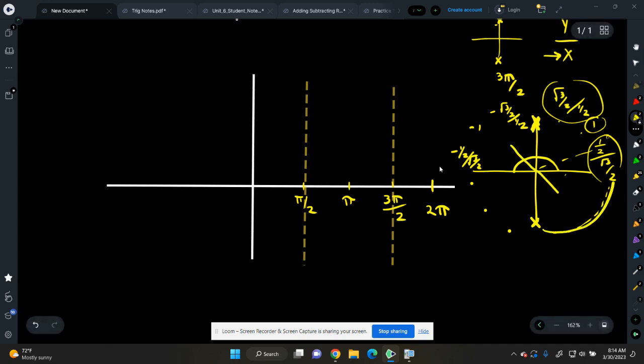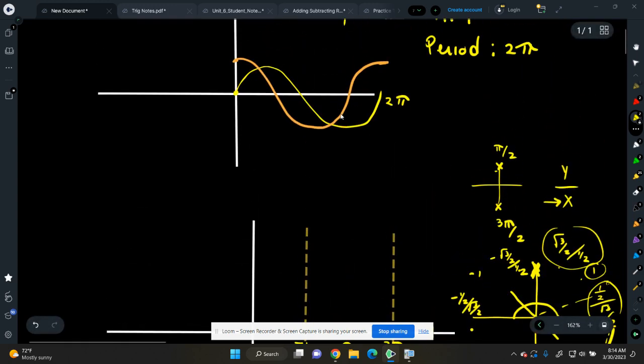So what do you think the period of our tangent function is going to be? Remember, for sine, it takes a full time around the circle, right? Look at the unit circle. It takes a full time around the circle before we start repeating everything. 180, yeah.